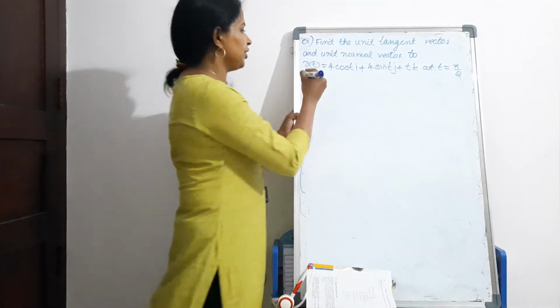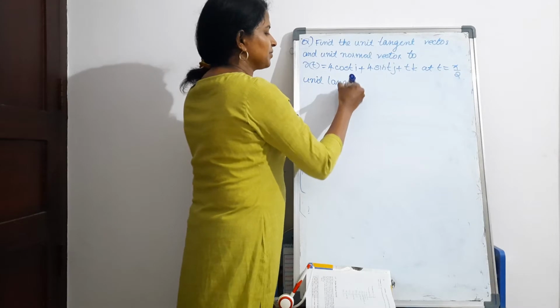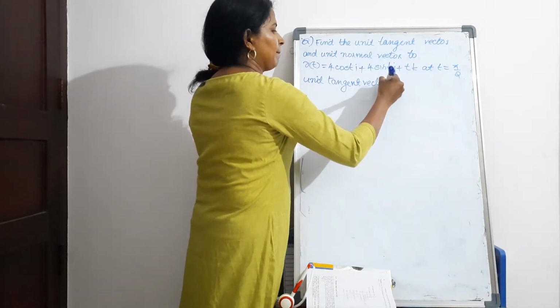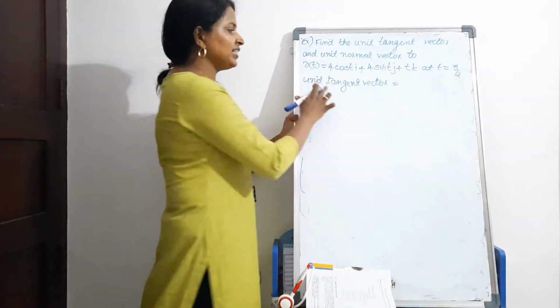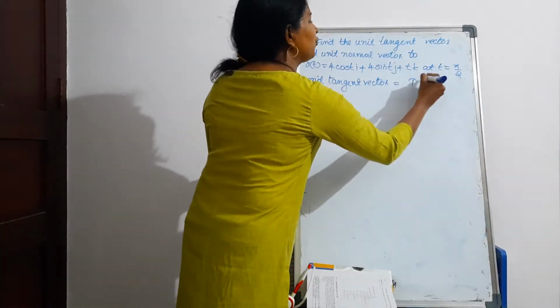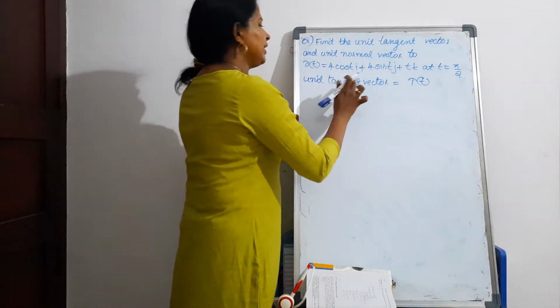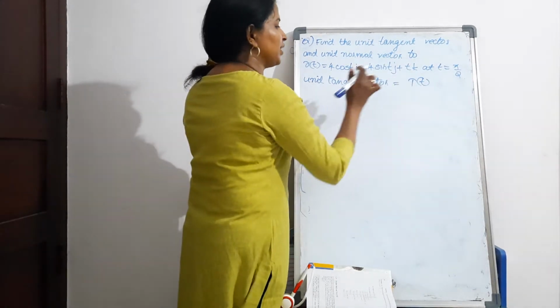First section, unit tangent vector. The unit tangent vector is denoted as T of t.